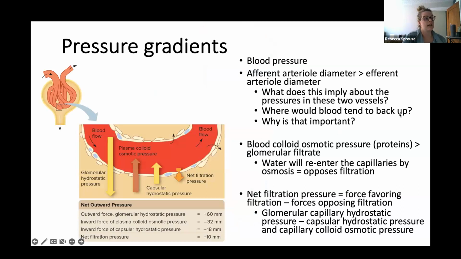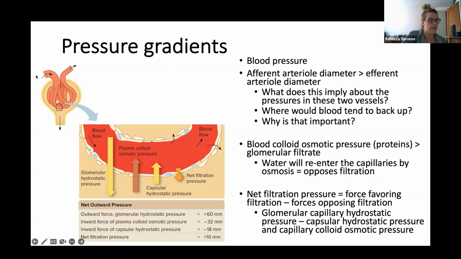So just to recap on these pressure gradients in filtration. Filtration is passive. It's driven by a pressure, in this case, blood pressure. The afferent arteriole diameter is greater than the efferent. What does that imply about the pressures in those two vessels? Remember that the wider the blood vessel, the less pressure in that vessel.